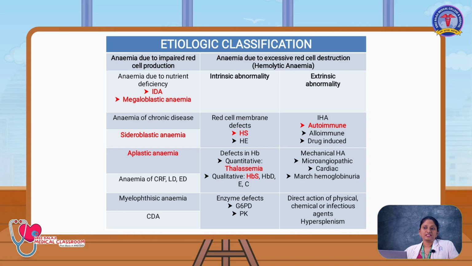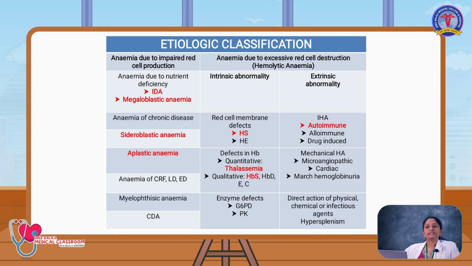Further, we can classify anemias based on the etiology. The 2 main categories are anemias due to impaired red cell production and anemias due to excessive red cell destruction. In other words, they are called hemolytic anemias. In impaired red cell production, there is an impairment in red cell production because of which the patient develops decreased oxygen carrying capacity.